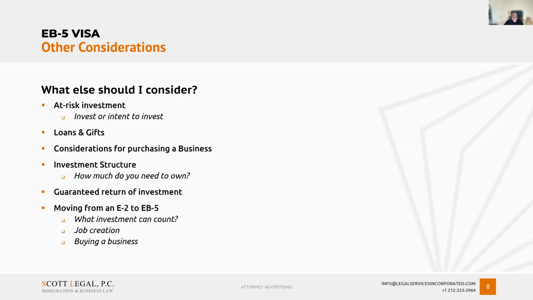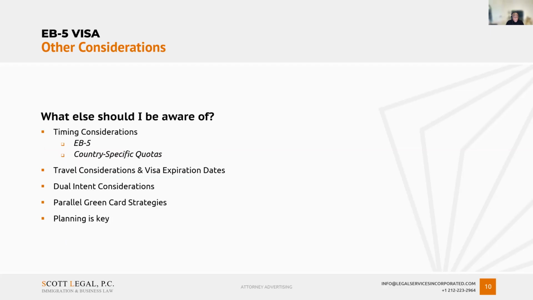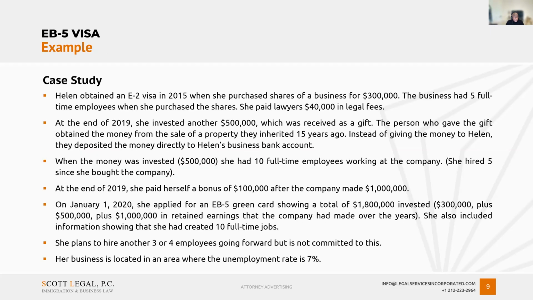And you can't have any guaranteed return of the investment, so that is important. The corporate documents can't indicate that. And if you're moving from E2 to EB-5, you have to do this very carefully, and you really have to sit down with a qualified immigration attorney to see what can be counted towards the investment and what cannot.